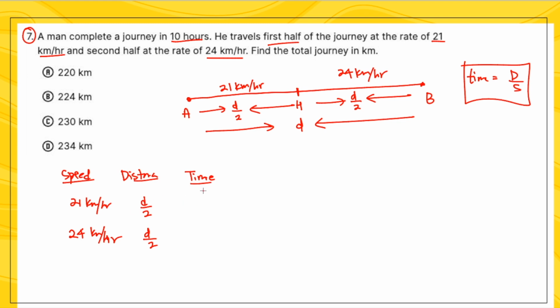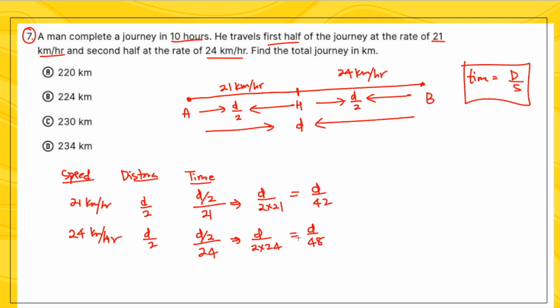So time will be distance, that is d by 2, upon speed, that is 21. And here the distance is d by 2 and the speed is 24. So this becomes d by 2 into 21, and d by 2 into 24, or you can call it d by 42 and d by 48.